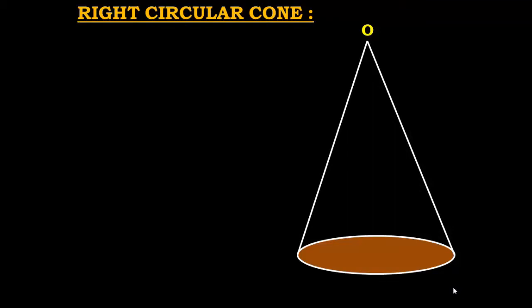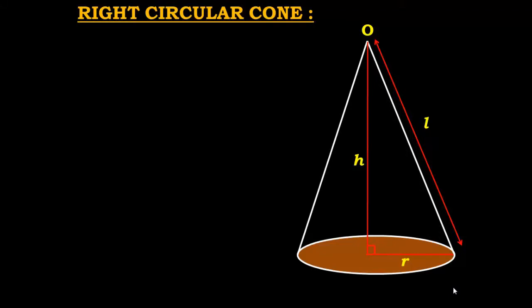Now for a cone, the dimensions are: see, this is the length of the cone, which is known as the slant height of the cone and it is denoted by L. And this is known as the perpendicular height of the cone. It is perpendicular to the radius and is denoted by H. So students, remember, for a cone you have two types of height.